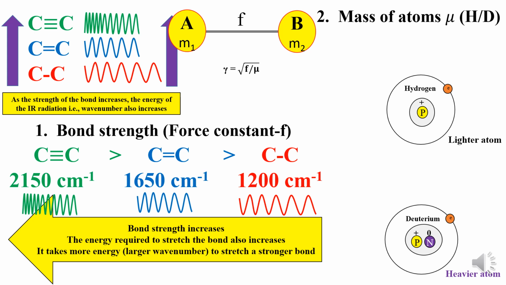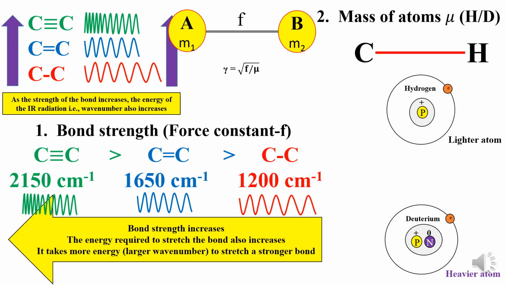It is the electrically neutral neutron which is making the deuterium heavier than hydrogen. Now let's see how the difference in mass between these two atoms influences the stretching vibrations of the CH bond and carbon-deuterium bond.